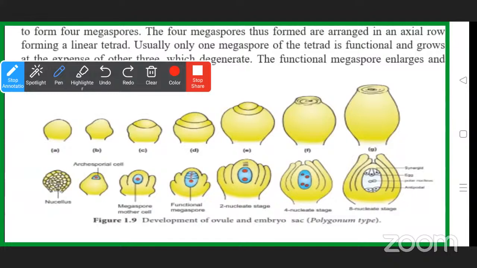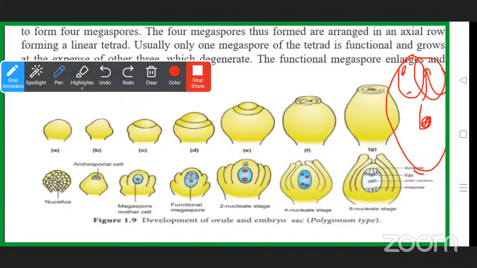What happens here is, of the 4 at the micropylar end, 3 come together and form the egg apparatus. And 1 nucleus from the micropylar end comes nearer to the middle.